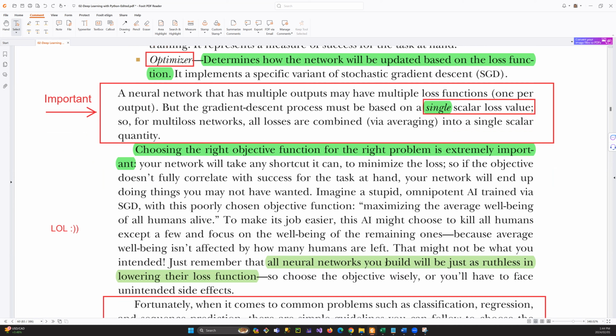So it says that the neural networks you build will be just as ruthless in lowering their loss function. And the example it gives is, for instance, if you say that I want to maximize the life period of human beings, one of the things that could happen is that robots receive this command, eradicate all human beings except 100, and they take care of those 100 people and increase the average of their lives.